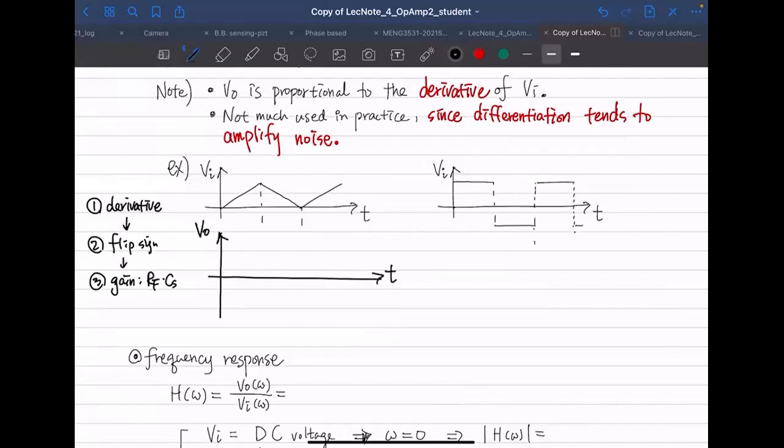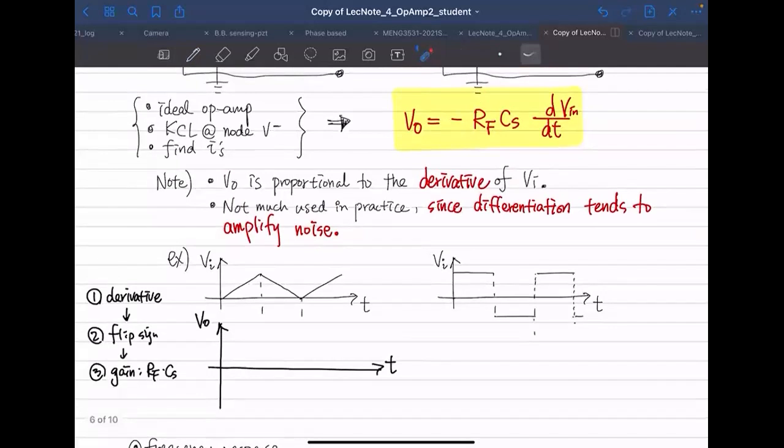These 3 steps are not something you need to really memorize, but it's just naturally doing these 3 things in series. So I first find the derivative and then multiply with some number and then flip the sign. Okay, that's what we have here.